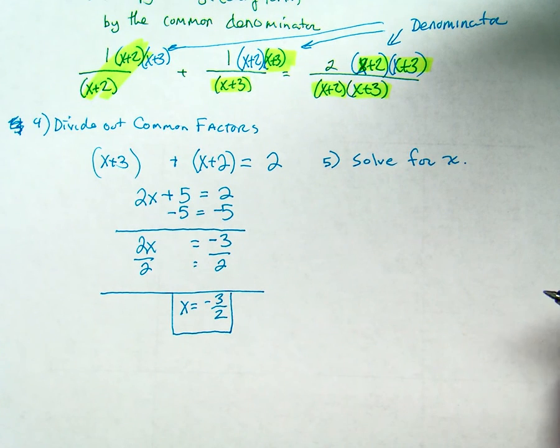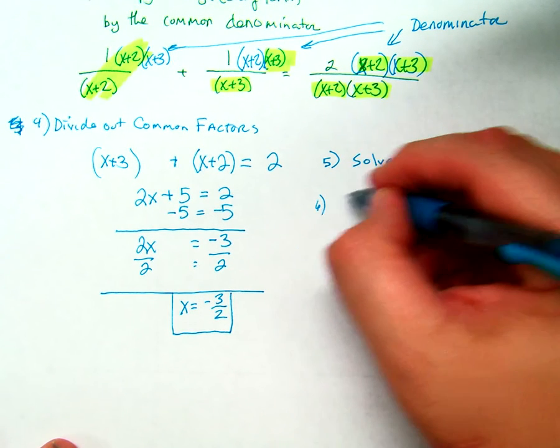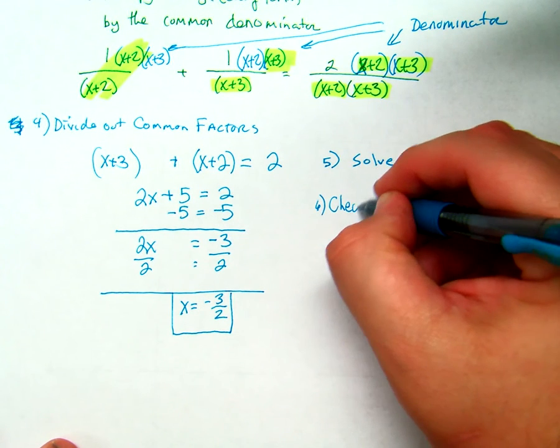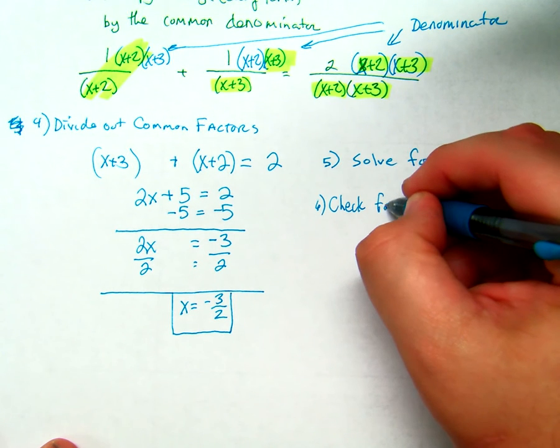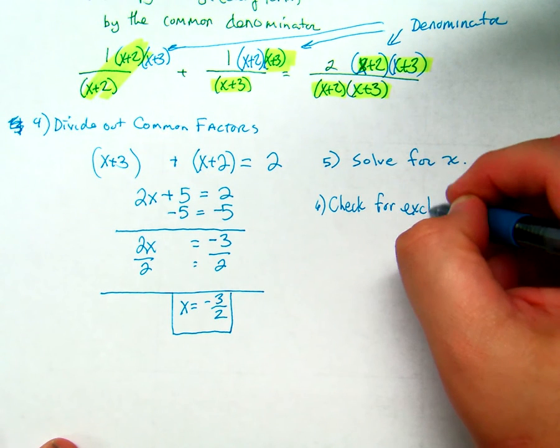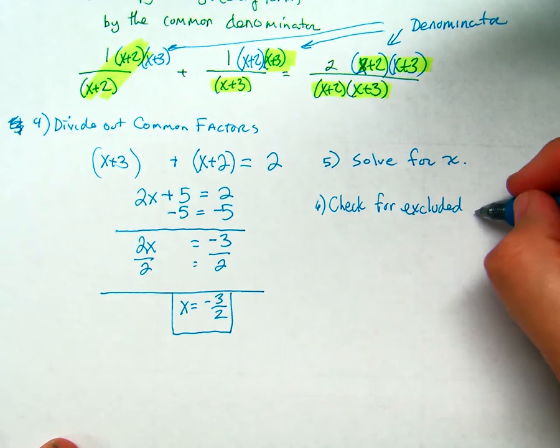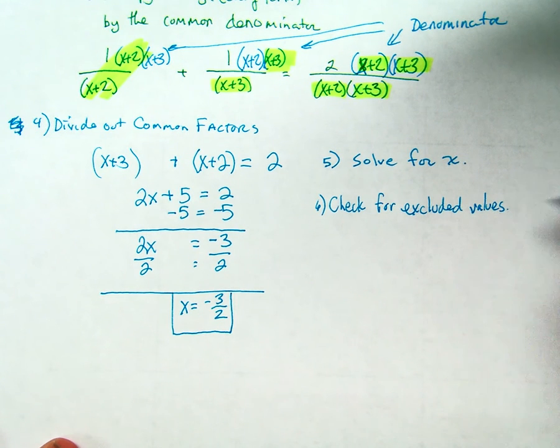Now, check for excluded values, or what were they called on Friday?